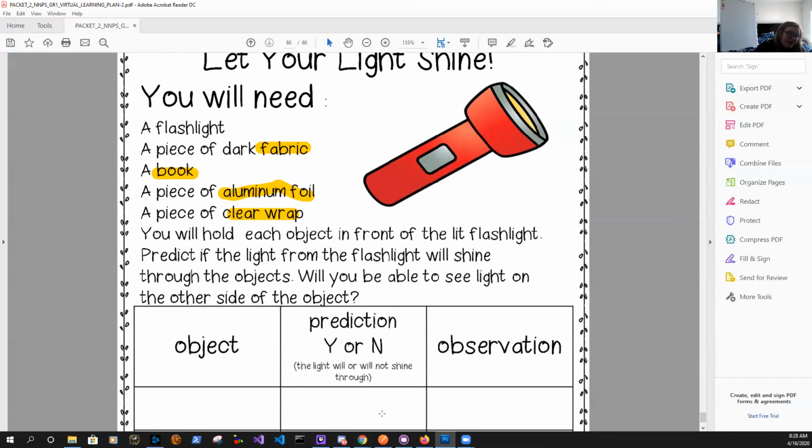So then after you make a smart choice, a prediction, then you're going to try and do it. Don't do it before you make a prediction. Make a prediction, make a smart guess, Y or N if you think the light will shine through, then hold the light up to the object, the fabric, and see if the light shines through the other side.